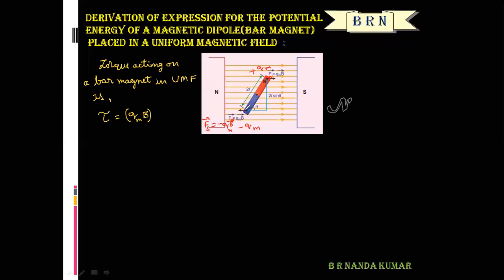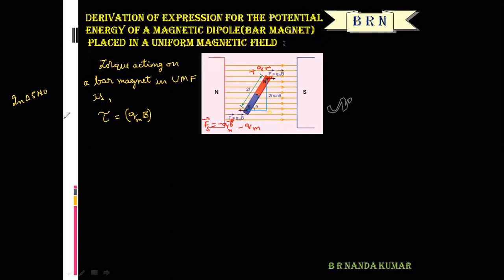So let us consider this point as O. In the triangle SNO, we want the perpendicular distance.